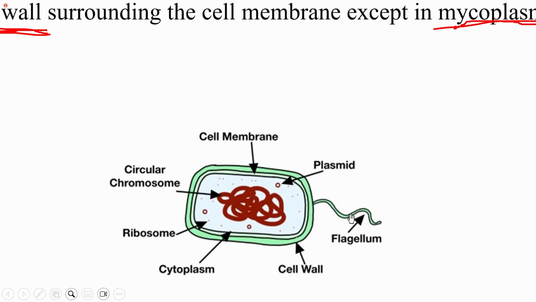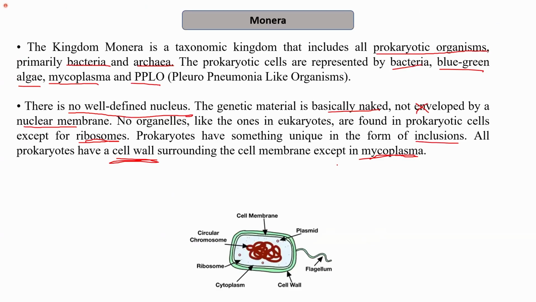We have cellular appendages like the flagellum that provides motility to the organism. Then we have certain extra chromosomal material, which is the plasmid. Plasmid also confers some resistance to the bacteria.